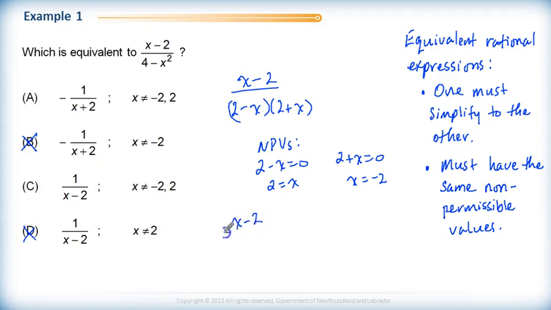So we've got x minus 2 over 2 minus x, 2 plus x. Let's rewrite it down here. Recall that x minus 2 and 2 minus x are the negatives of each other.